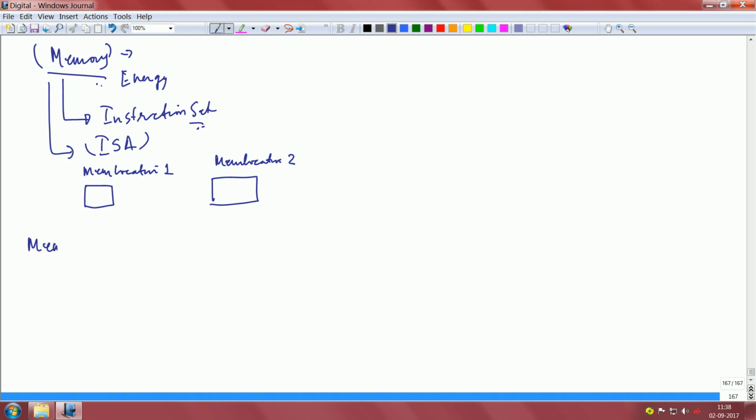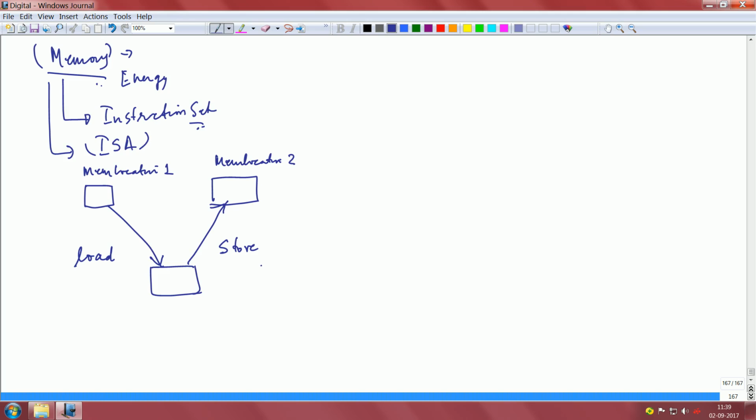What is your objective? Memory to memory copy. What would normally happen is you do a load and you do a store. So, you are pulling here and you are pushing it here.